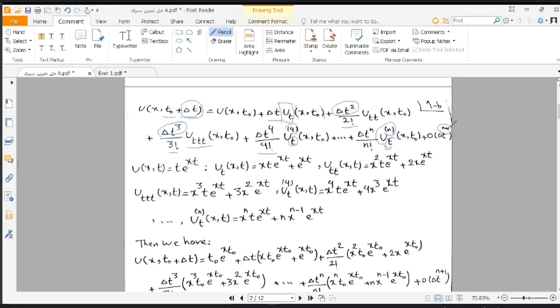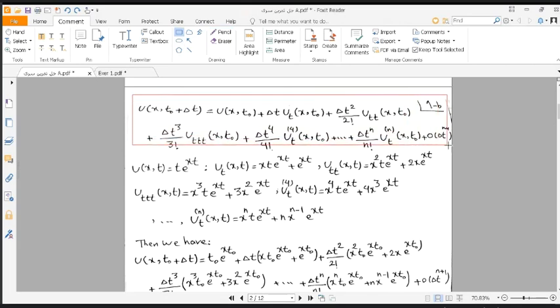This is the general form of Taylor's theorem with respect to t. Let me draw a rectangle around this formulation.